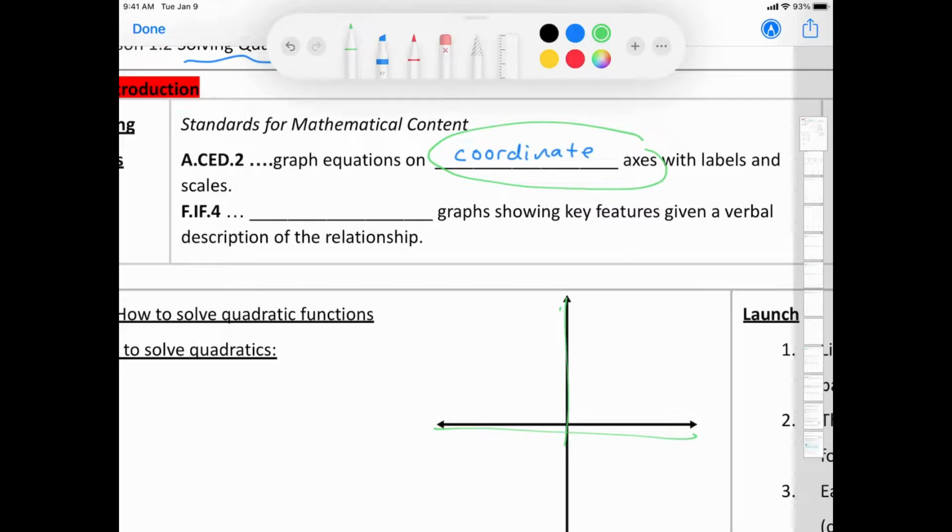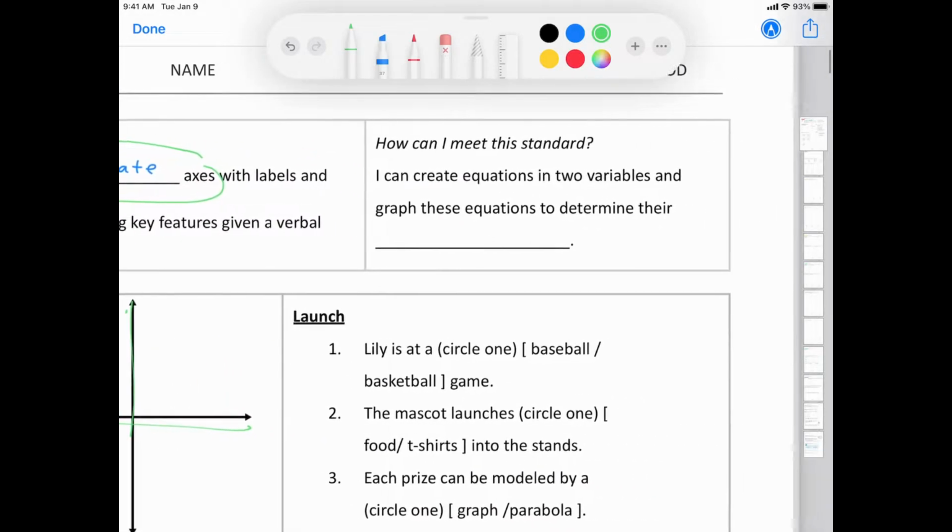And we'll also be able to sketch graphs showing key features given a verbal description of the relationship.